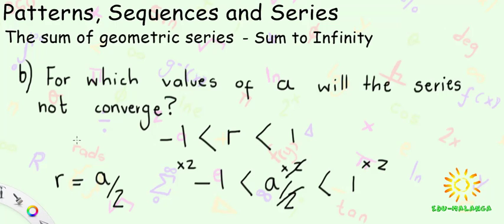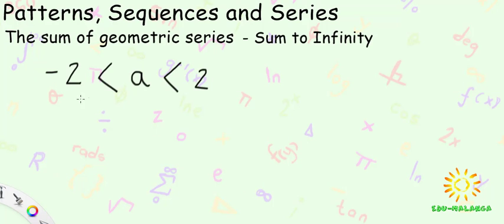But the question has asked us, for which values of a will the series not converge? So we know that it converges when your a is between negative 2 and 2. For it to not converge, we're going to have a be less than negative 2. So we've swapped it around.